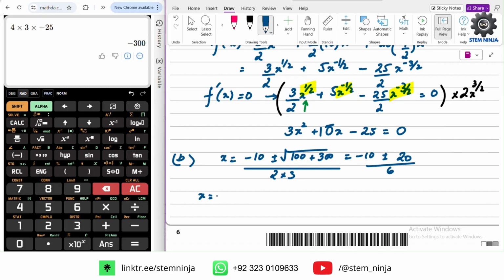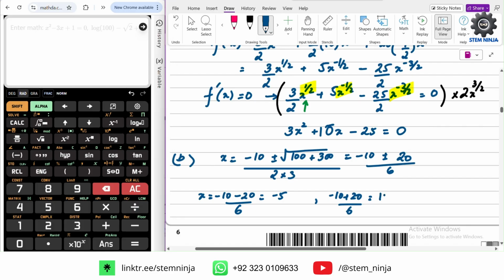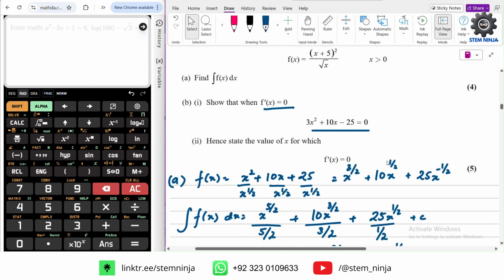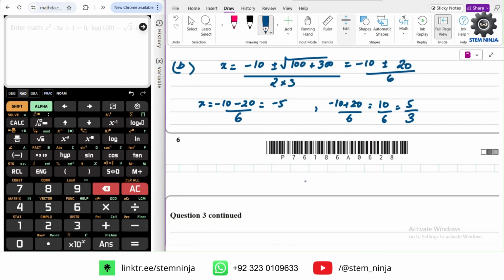So one answer would be minus 10 minus 20 over 6, minus 30 divided by 6 would be minus 5. The other answer, minus 10 plus 20 over 6, 10 divided by 6 is 5 over 3. So what was the condition again? x is greater than 0. So this means that therefore x would be equal to 5 by 3.